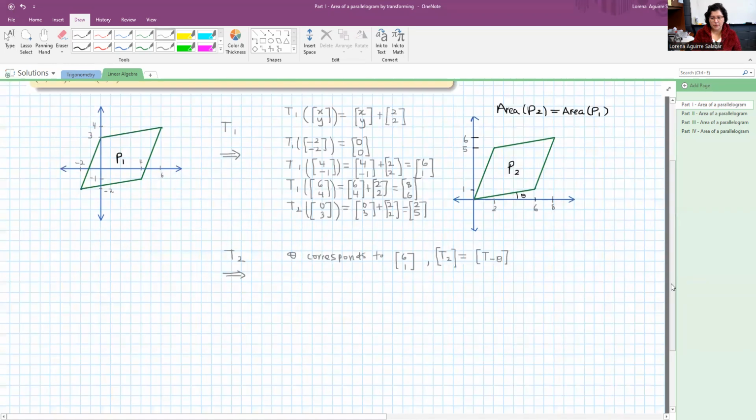So T2 is given by this. And remember that when we work with rotations, we always go with the cosine of the angle and then the sine of the angle. That's the first column of the standard matrix associated with the rotation. And then we go with negative sine of the angle and cosine of the angle.